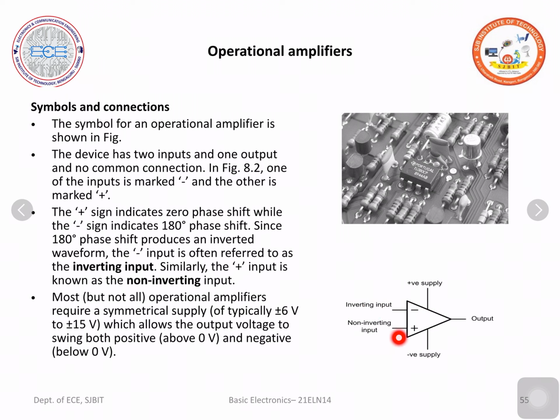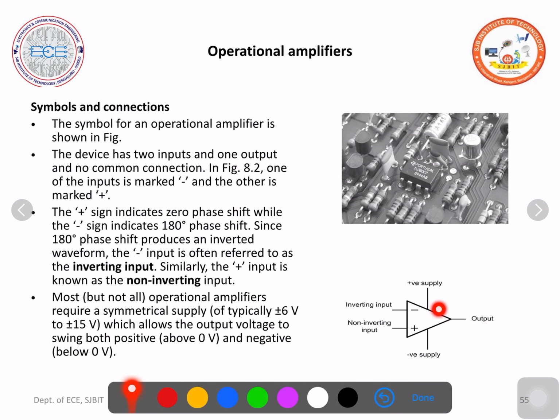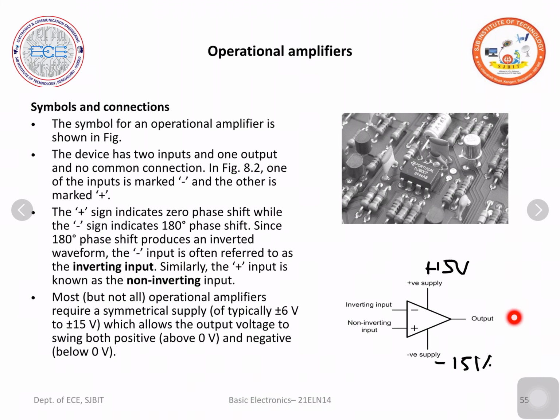The symbol for the operational amplifier is this. Here it has two inputs. One is the inverting input, this is the non-inverting input, one output terminal, and it will have the supply voltages. Usually this will be plus 15 volts, here minus 15 volts.